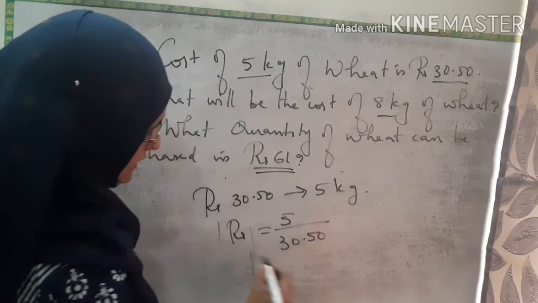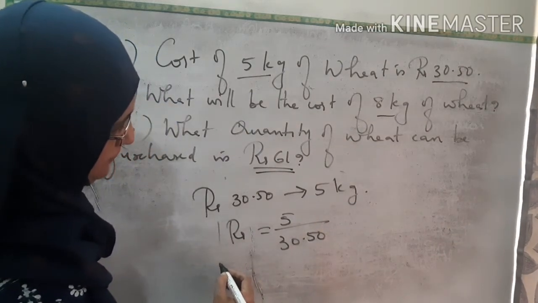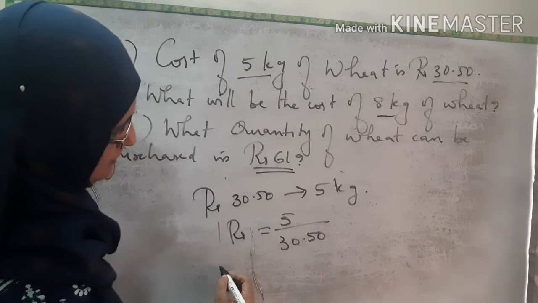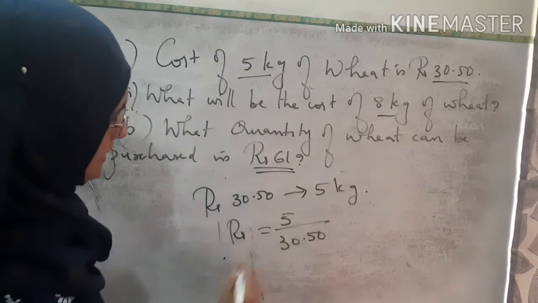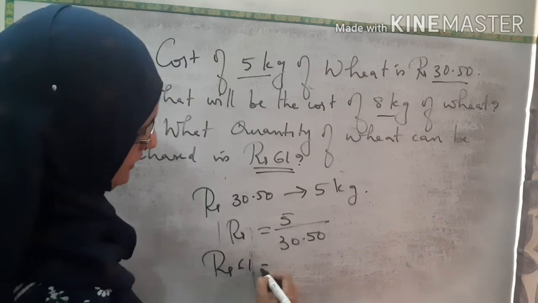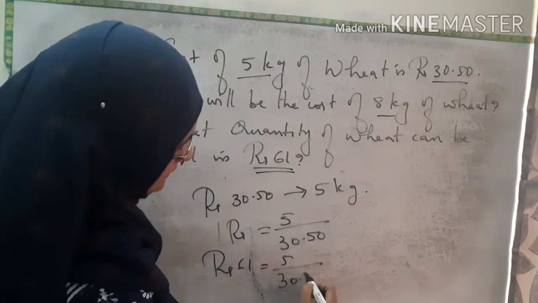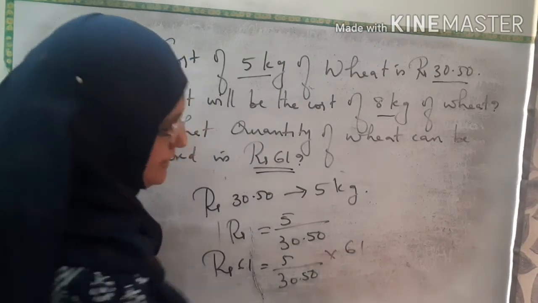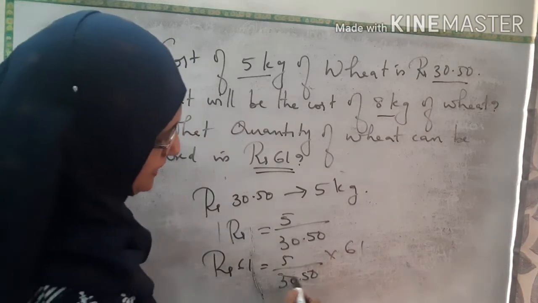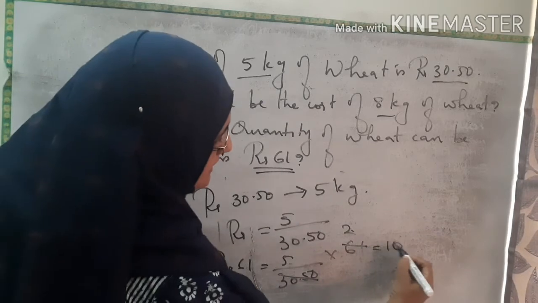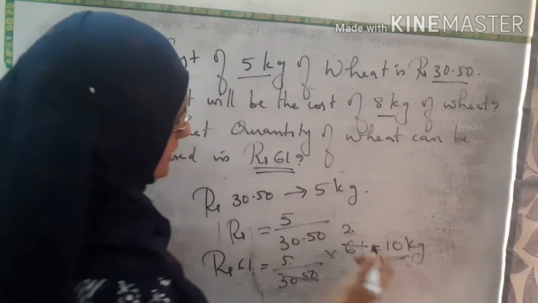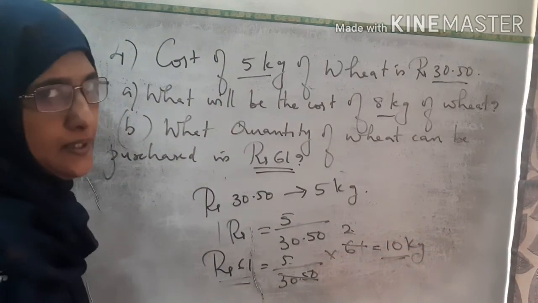Then for rupees 61, it is 5 by 30.5 into 61. See here, 30.5 into 2 is 61. So 5 into 2, you will get 10 kilogram of wheat for 61 rupees.